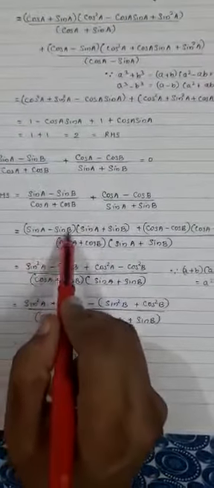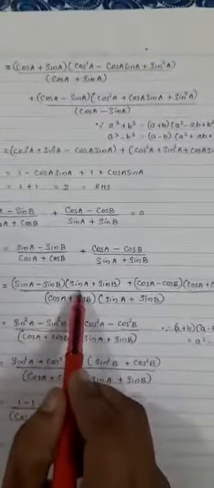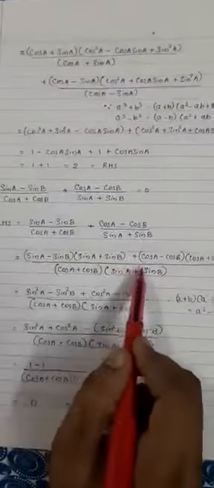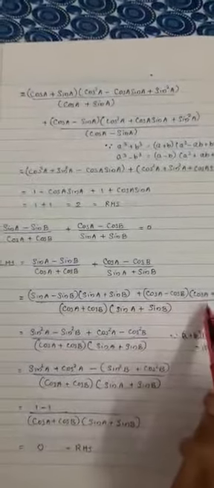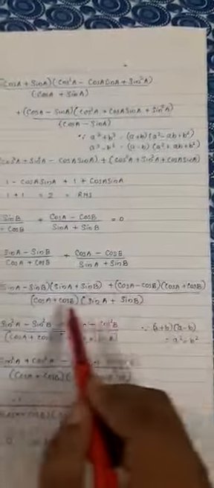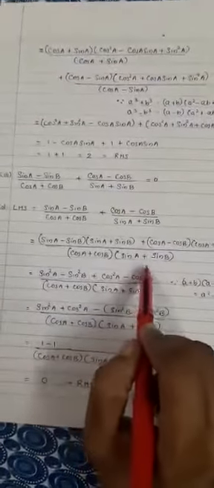Sin A minus sin B into sin A plus sin B plus cos A minus cos B into cos A plus cos B divided by cos A plus cos B into sin A plus sin B.